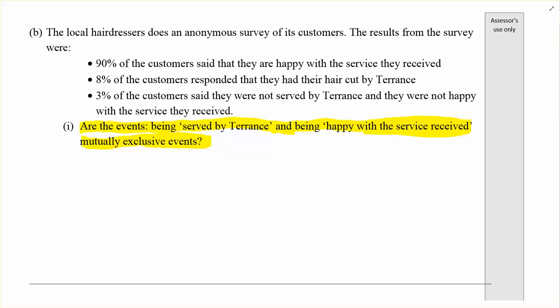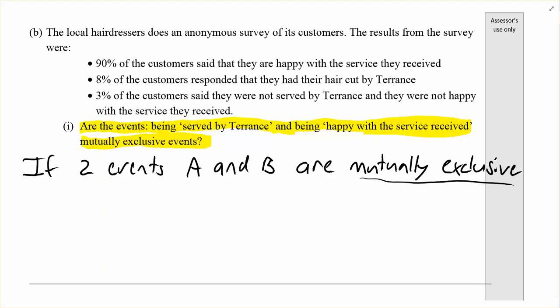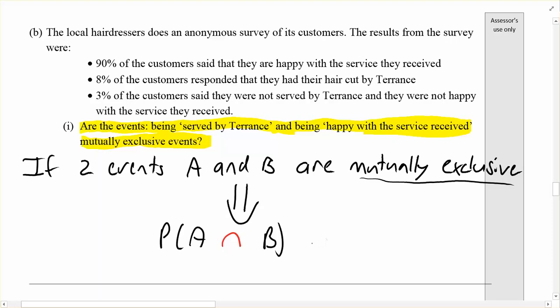So if I pick someone at random from the class, the probability that they are in both Inaka and Mako is what? It's 0. So if two events, we'll call them A and B, are mutually exclusive, then the probability of A and B, which we write like this, equals 0.